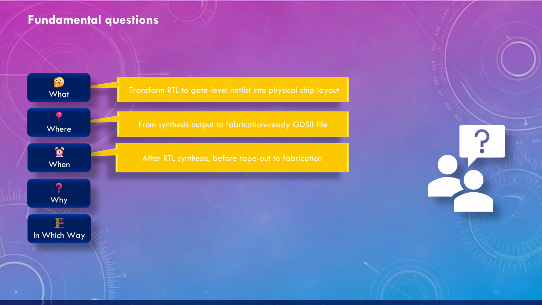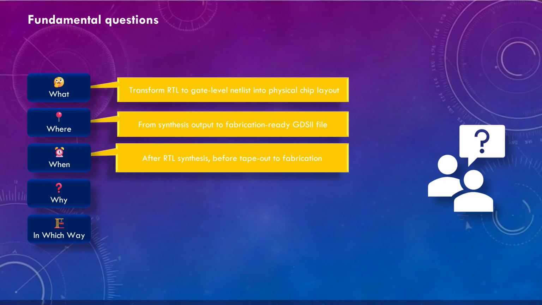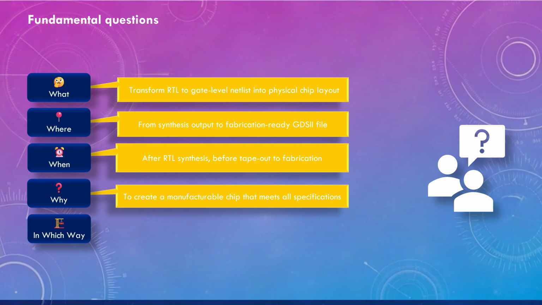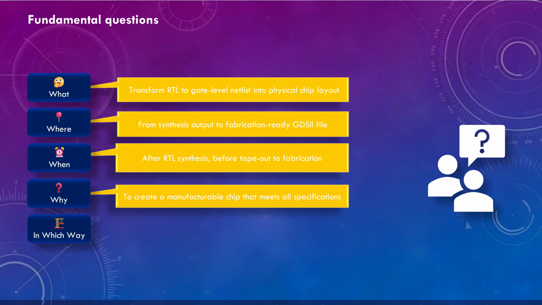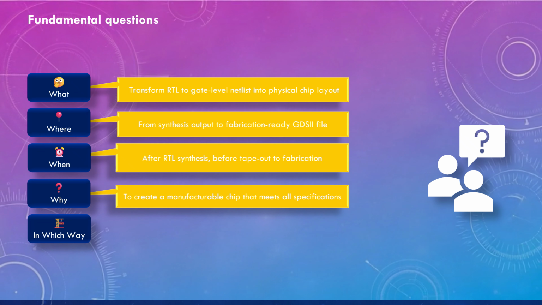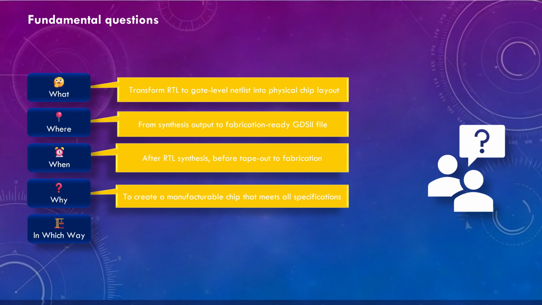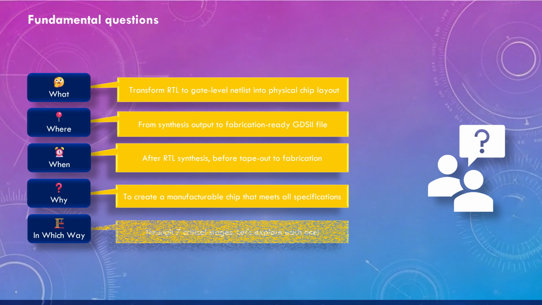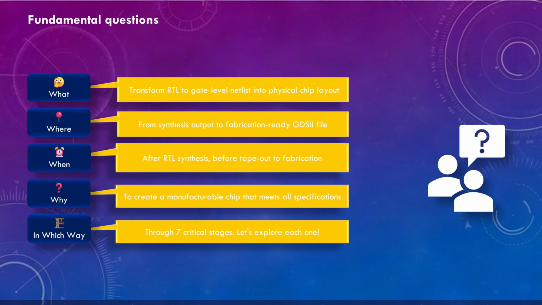When? After RTL synthesis, before tape-out to fabrication. Why? We need it because a fabrication team needs physical coordinates, metal layers, power grids, not just logic. They're building nanometer-scale structures. In which way can we implement physical design? It happens through 7 critical stages.